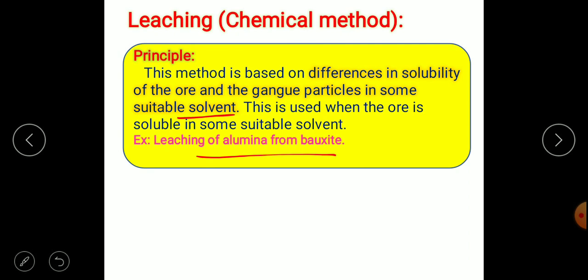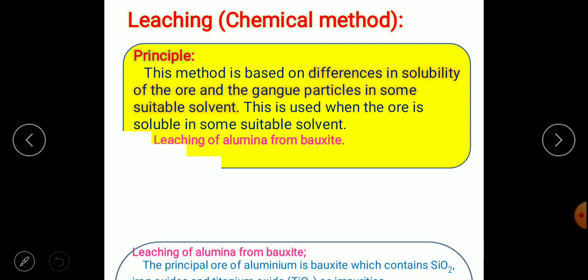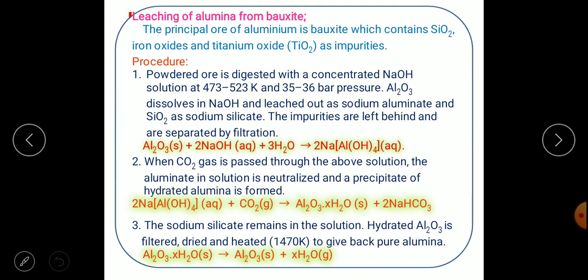For example, we can extract aluminium from bauxite ore. The principal ore of aluminium, bauxite, contains silicon dioxide, iron oxide and titanium oxide. Usually in bauxite, silicon dioxide is an impurity, iron oxide is an impurity, titanium oxide is an impurity.